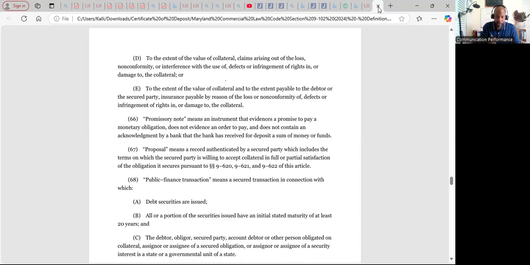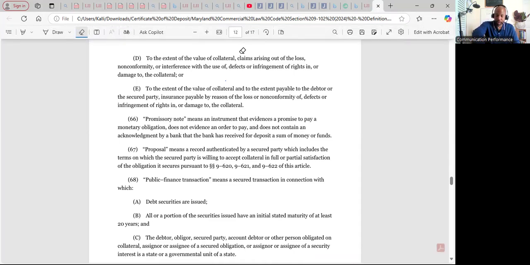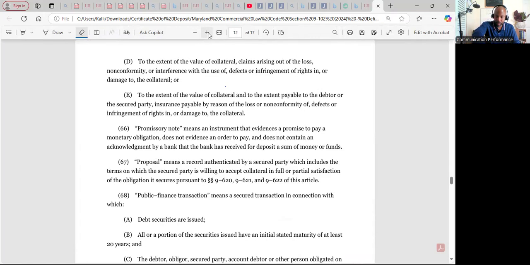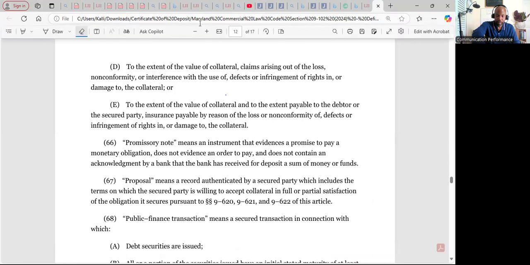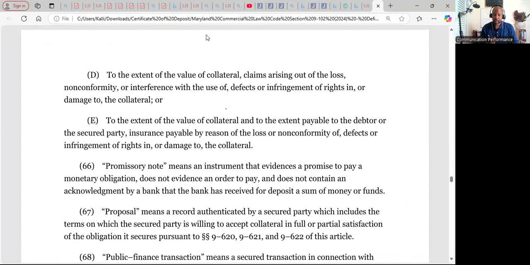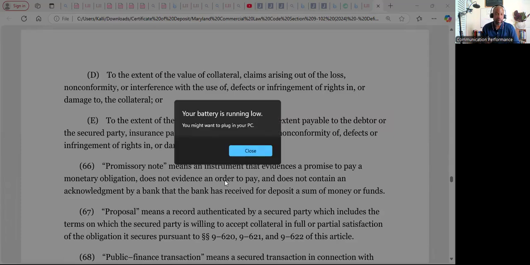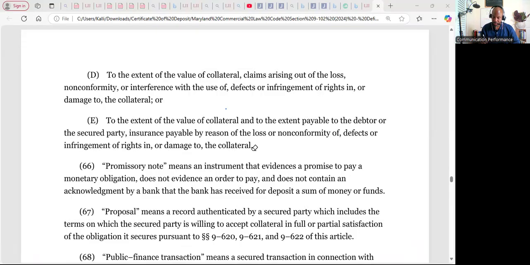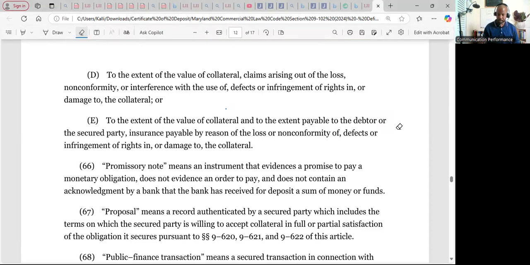Okay. So here we have a promissory note.